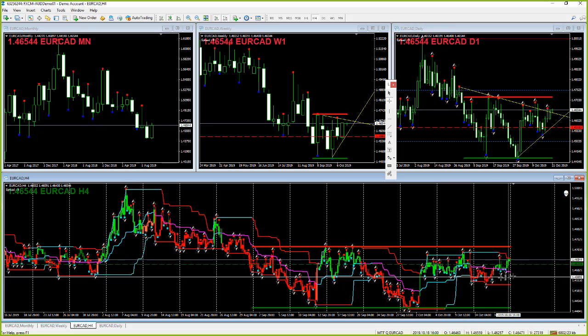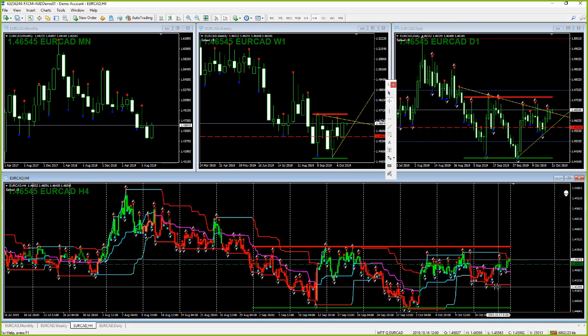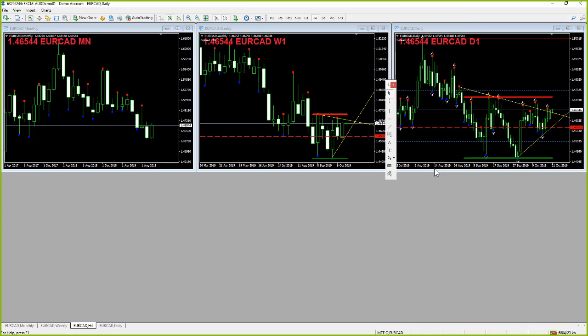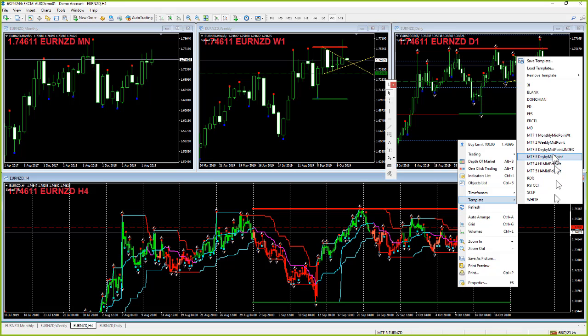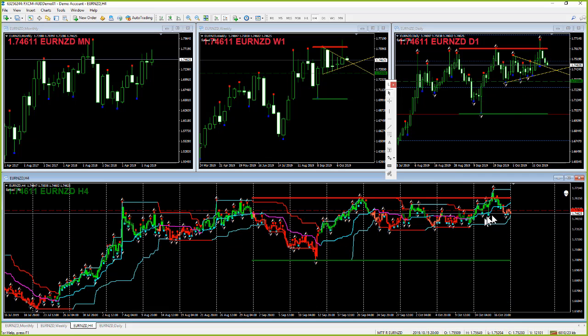So last week it did not actually go anywhere outside these bars, so we wait for that. Euro New Zealand is in the same boat. So with these currencies, we just need to wait.